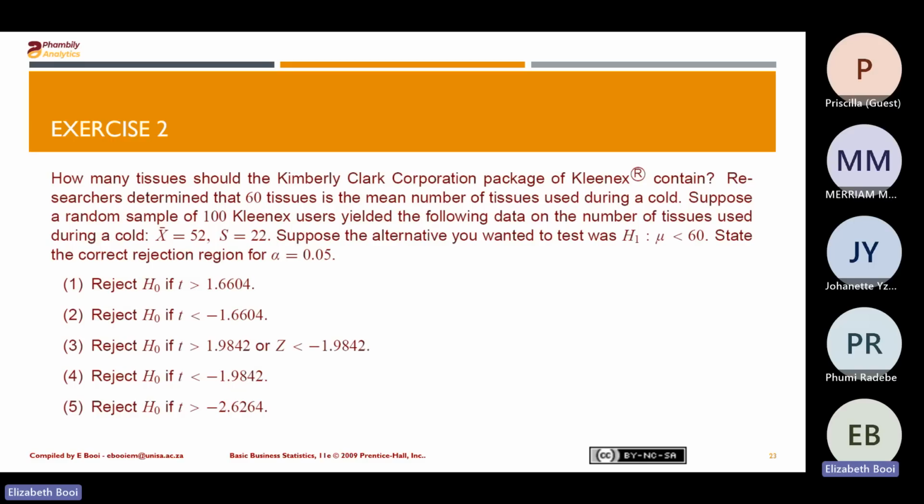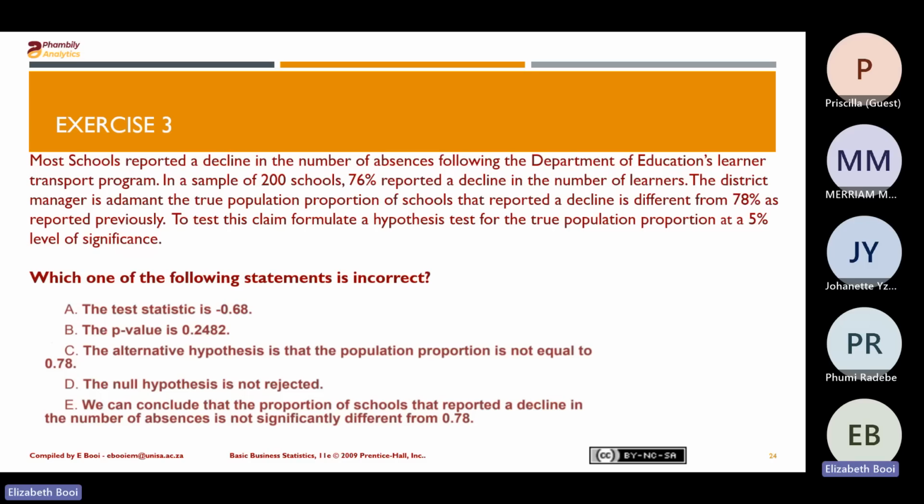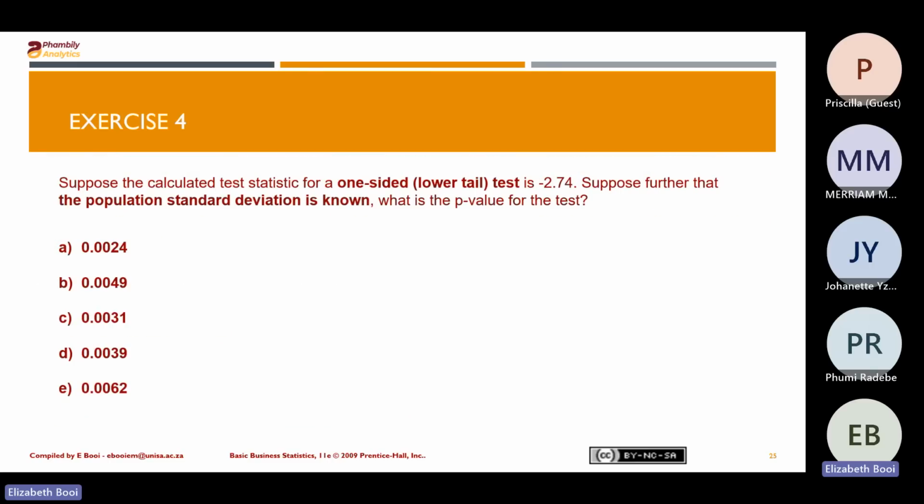Yes, exercise number 2. On this one, you also need to make sure that you select the correct rejection statement. Exercise 3. And exercise 4.